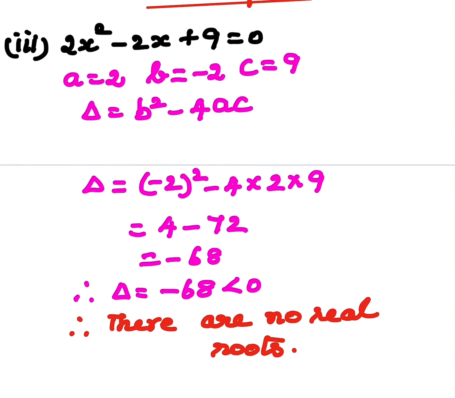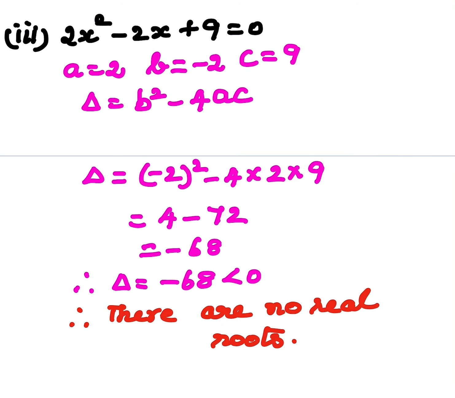Now let us go into the third subdivision. Here the quadratic equation is 2x squared minus 2x plus 9 equal to 0. Comparing with ax squared plus bx plus c equal to 0, a is equal to 2, b is equal to minus 2 and c is equal to 9.